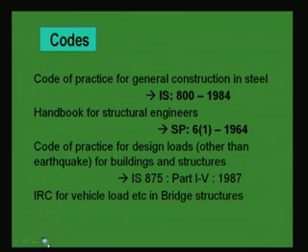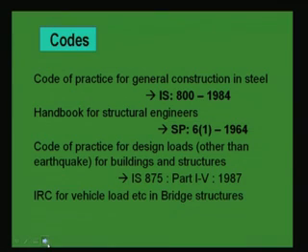Now, the codes. As we know, from the next lecture you need to follow the code. So, please purchase the IS code before the second lecture, because without the code provisions you may not be able to follow, right.